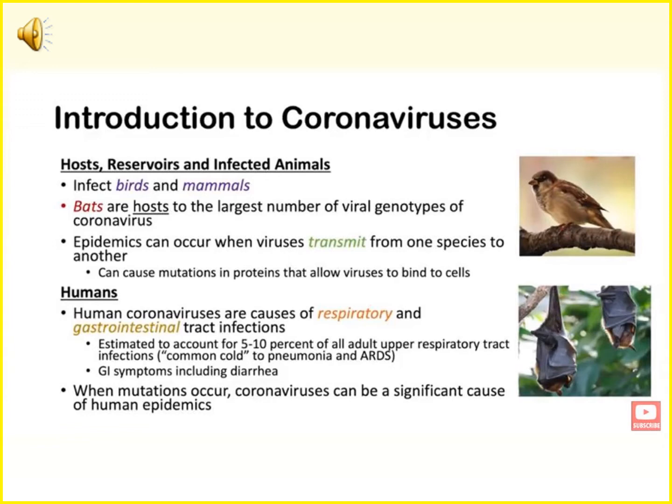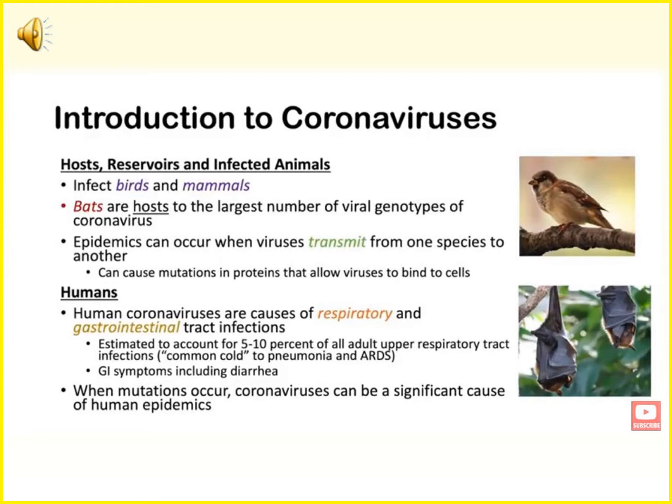coronaviruses are causes of respiratory and gastrointestinal tract infections. It is estimated to occur for 5 to 10% of all adults upper respiratory tract infections. There are wide variety of signs and symptoms of coronaviruses, ranging from common cold to pneumonia to ARDS.